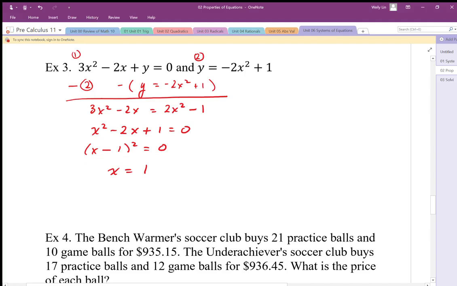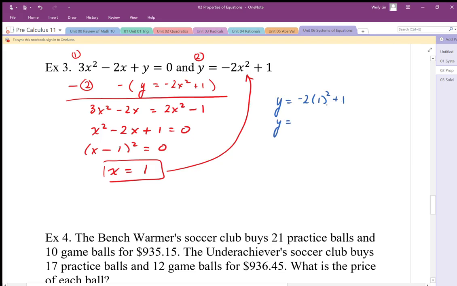So I'm not done. Remember that I solved for x. I still need to solve for y. So I'm going to back substitute that into one of these equations. Now, since I have a choice, it looks like this one's much easier to substitute in. So I'm going to substitute into that equation there. Okay, so it doesn't matter which one we substitute into. I get y equals negative 2 times 1 squared plus 1.